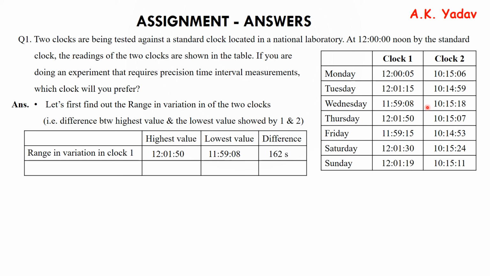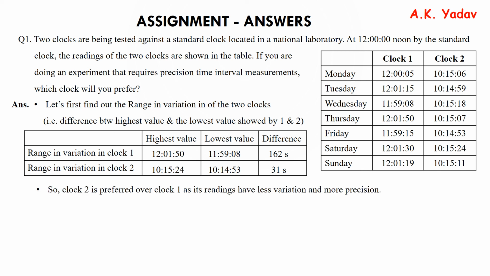The difference between the two is 162 seconds, which is quite a big variation. For clock 2, the highest value is 15, 10, 15, 24, and the lowest value is this one, and the difference is 31 seconds. So I will prefer clock 2 because the readings have less variation and more precision.